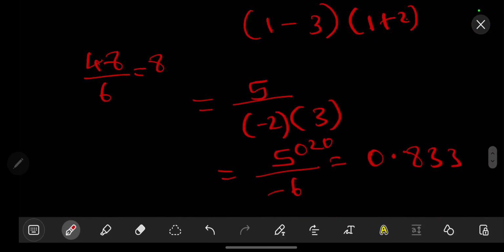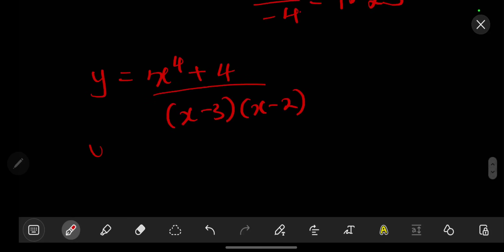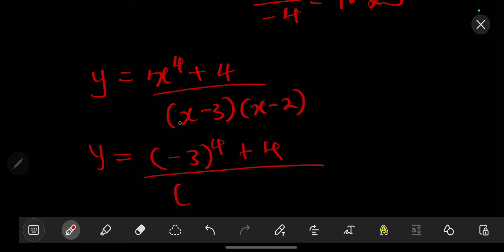So what we are going to have is this. Let's begin with our negative 3. So y should be equal to negative 3 to the power 4, then we have plus 4 over negative 3 minus 3. So we are saying where x is equal to negative 3, then we have negative 3 plus 2.